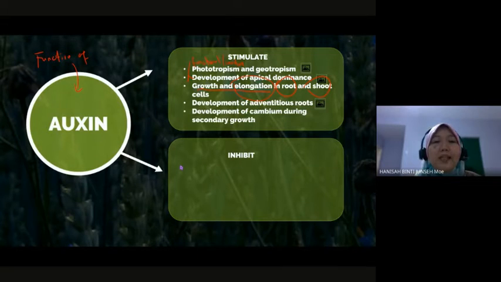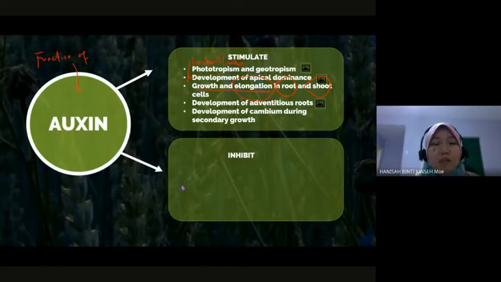Okay, the last one for stimulate, auxin stimulates the cambium development during secondary growth, which we have discussed. Secondary growth means woody plants undergo secondary growth. So this cambium will grow because there's auxin in that plant. All right. So inhibit. Inhibit means suppress, stop or slow down.